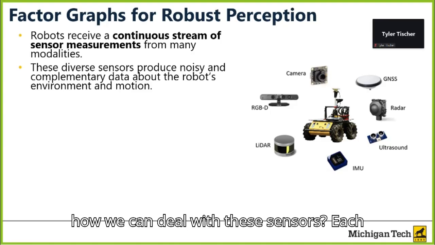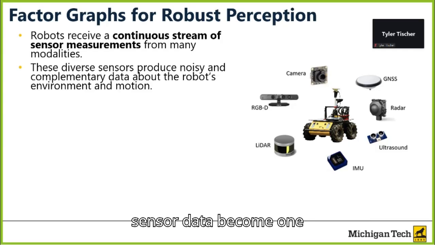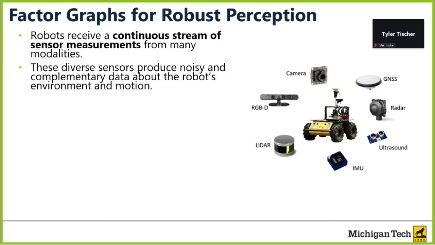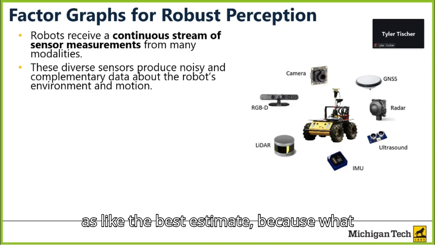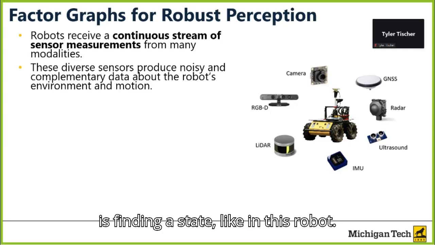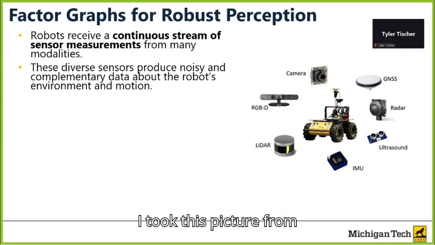And how can we deal with these sensors? Each sensor's data becomes one factor. Each sensor acts as a factor in a graph, and the graph helps you figure out the best estimate. Because what is the point? The point is finding a state. Like in this robot, I took this picture from Michigan Tech.